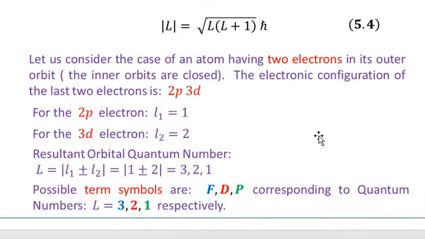This is the simple example that I have given, and we shall be frequently calculating such total angular momentum of the atom in the rest of the course on atomic physics.